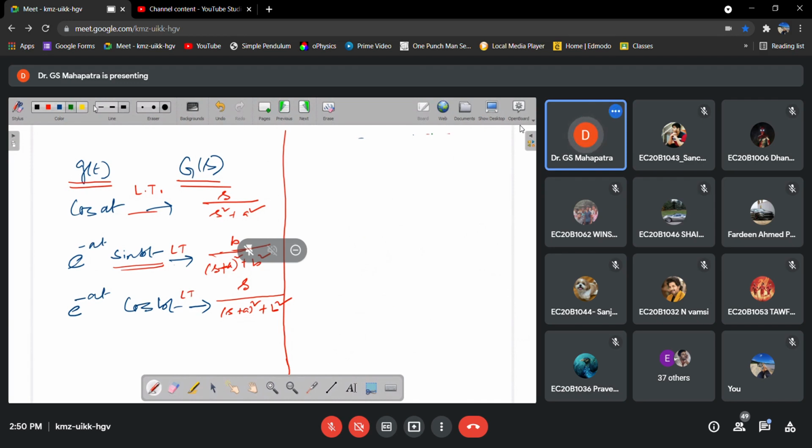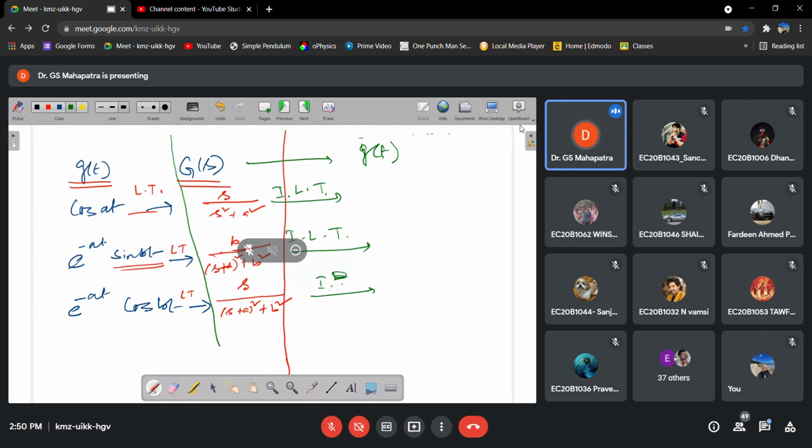Forget about the line I have drawn on the left hand side. Now g of s to g of t, you have to take the inverse Laplace transform.